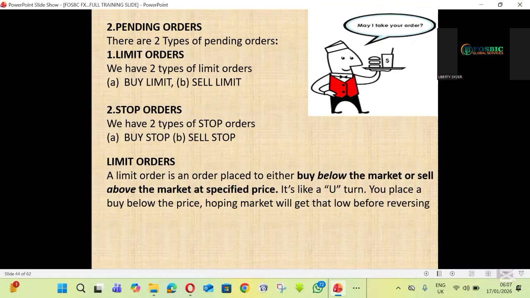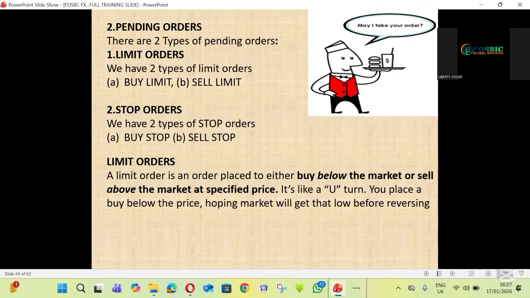Under limit orders, we have buy limit and sell limit, and under stop orders, we have buy stop and sell stop. We are going to look at each of them so we can understand what each represents. Now let us talk about limit orders first.